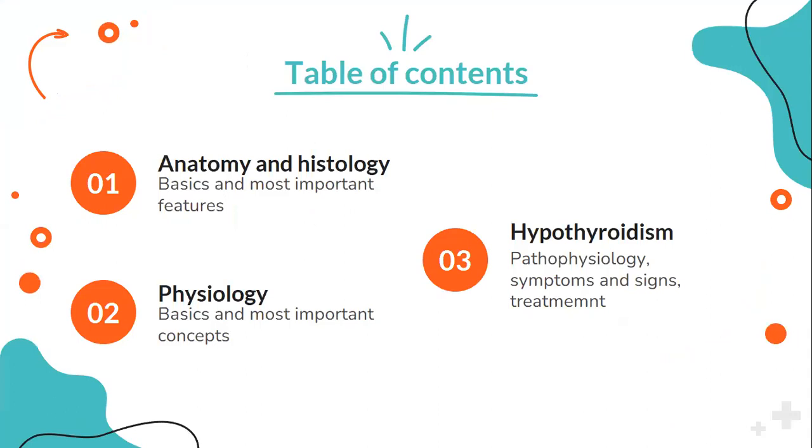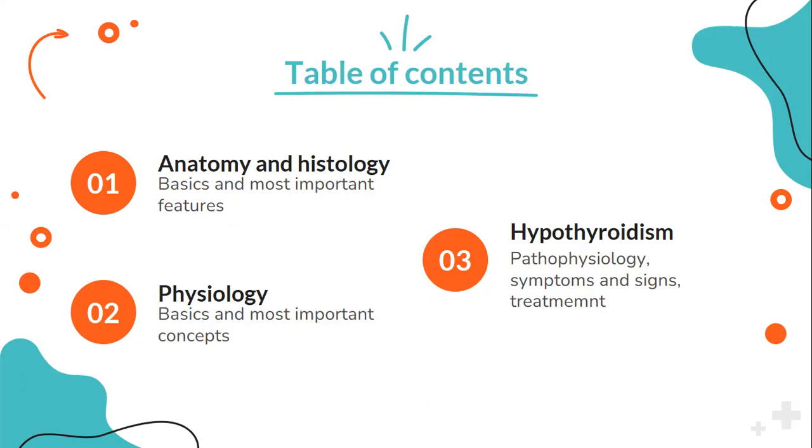Here's a table of contents that we're going to discuss today, which are mainly three: anatomy and histology. We're going to talk about the basics and most important features about each one, related, of course, to hypothyroidism.